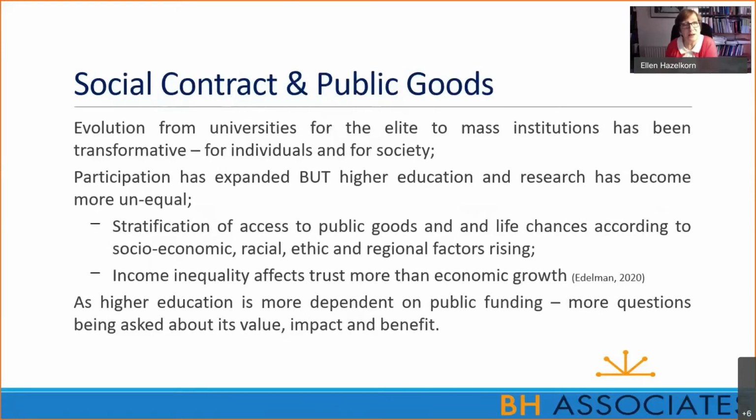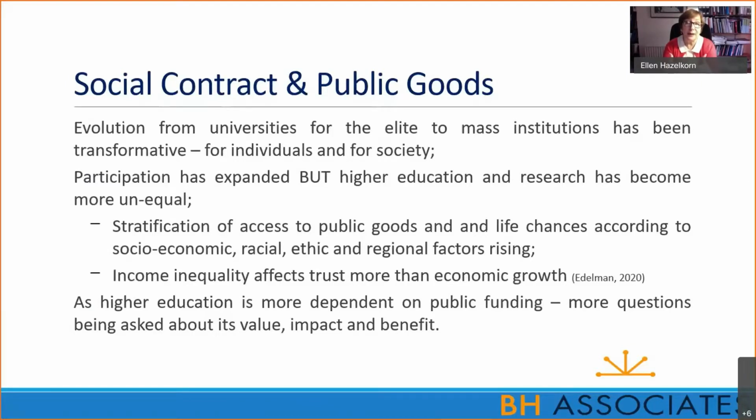So, moving on. One of the big issues, it seems to me, is around this issue of the social contract and public goods. There has been, for quite many decades, a kind of unwritten issue that as public institutions are funded, the issue of accountability comes to the fore.